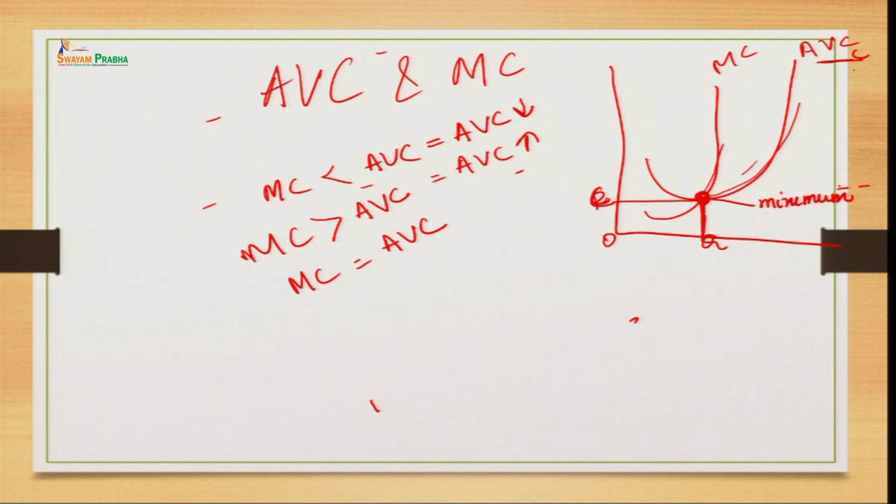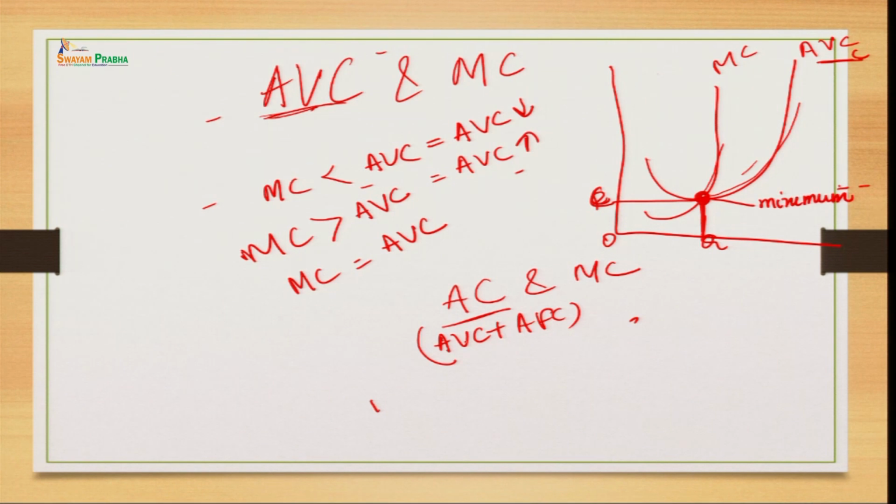See, we are talking about the relationship between average variable cost and marginal cost, and to calculate the optimum point we have to establish the relationship between average cost and marginal cost, because this is the individual cost, whereas average cost includes average variable cost as well as the average fixed cost, right. So, to find out the optimum point where your cost of production will be minimum, we have to understand the relationship between average cost and marginal cost.